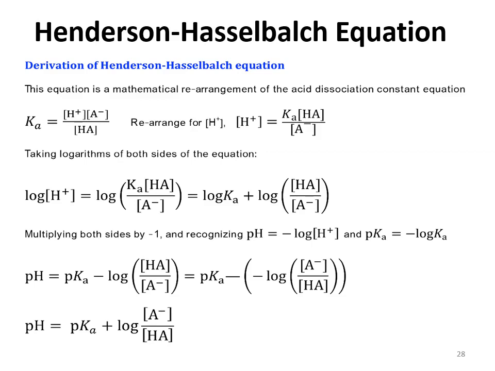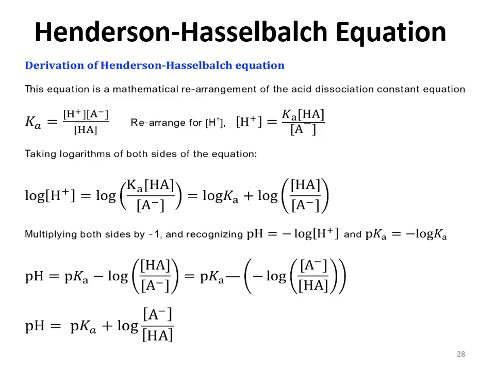The negative log of Ka will become the pKa, and the negative log of the remaining equation will invert the equation, and the negative ion concentration, which is the molar concentration of a conjugate base, will be written on the upside, and it is divided by the undissociated weak acid, which is HA, written in the denominator.